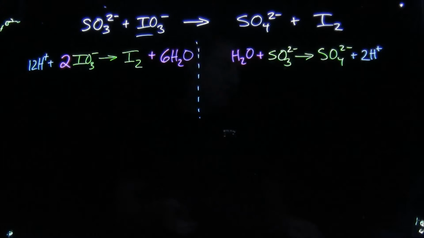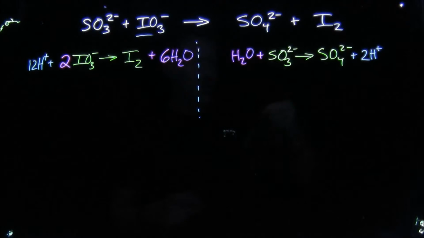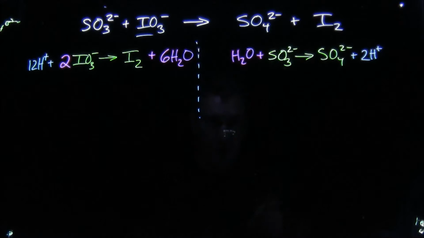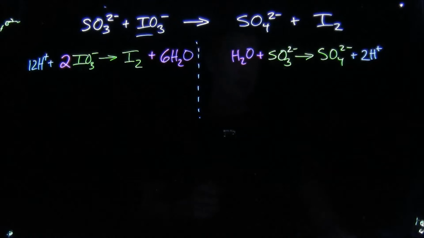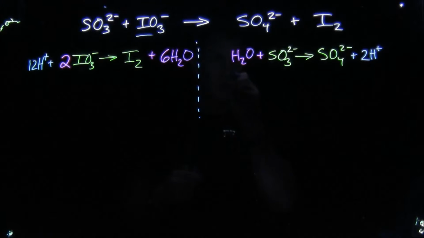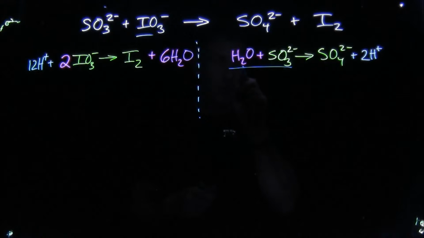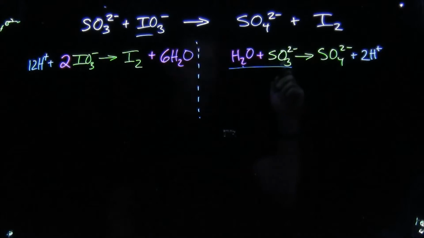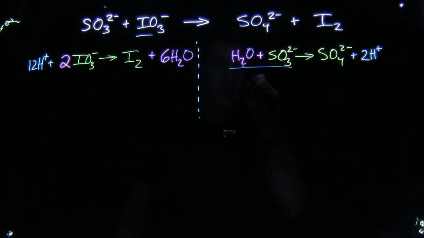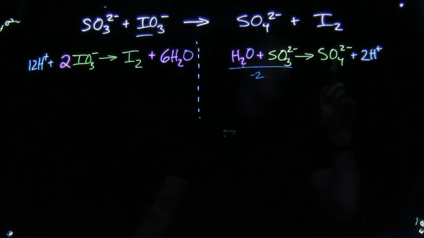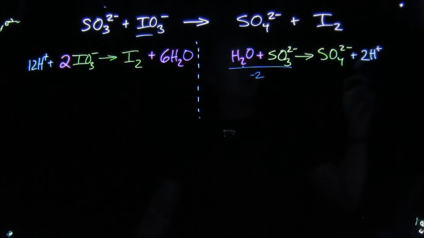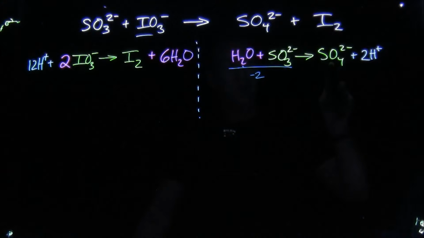The next thing we need to look at is charge. Let's start with this one. Right now, on this side you've got neutral water and you have 2 minus on the sulfite. So this side has a 2 minus charge. You've got sulfate and 2 hydrogen ions, so that's positive 2, minus 2.